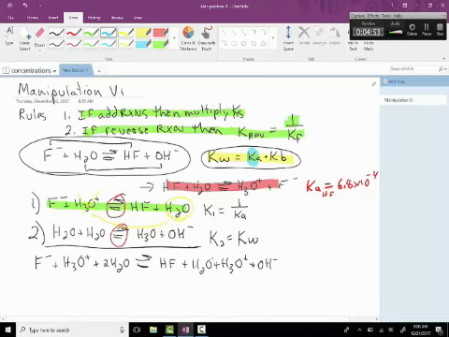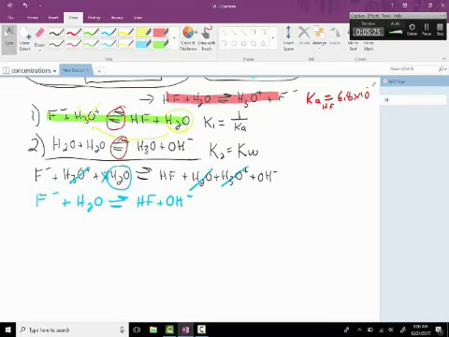Let's cancel a water here and get rid of that. And I can cancel an H3O plus and H3O plus. So my final reaction, F minus plus one of these waters, H2O, is in equilibrium with HF plus OH minus. Exactly what I wanted. Let me move the screen.